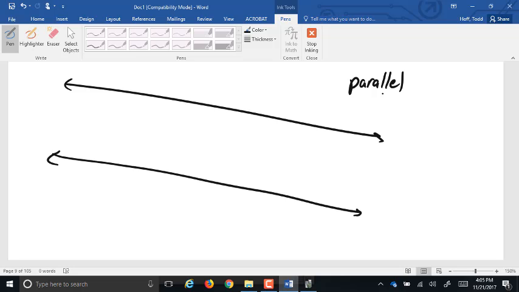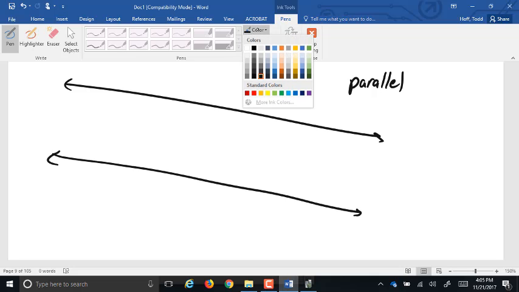And as long as we're working in two dimensions, and by two dimensions I mean on a flat piece of paper or on a flat surface, that's adequate. Parallel lines will never intersect. But when we're working in three dimensions, let's say this is a line here and this is a line there. Do they intersect? No, they will never intersect. Are they parallel? No, they're not.